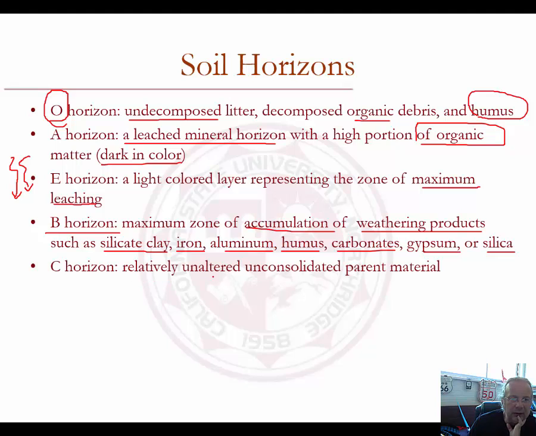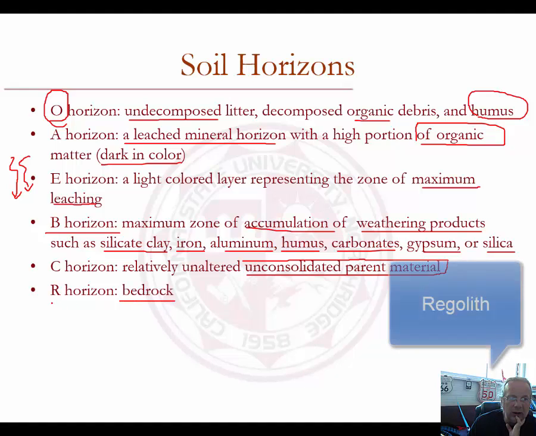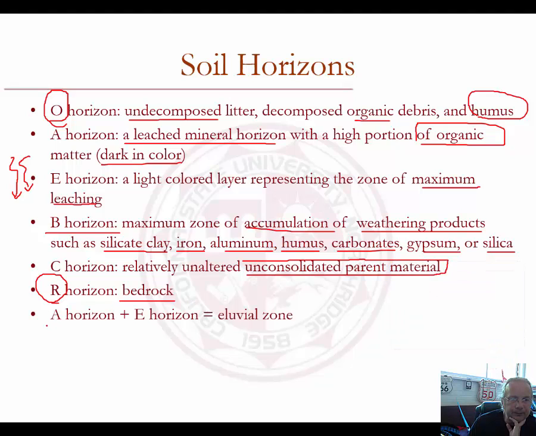The C horizon is basically a bunch of rocks that are from the parent material. They're broken up, and then below that is the parent material itself, known as the bedrock, and it has an R for regolith, which is essentially the broken rock of the bedrock.